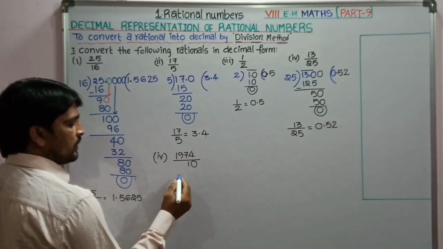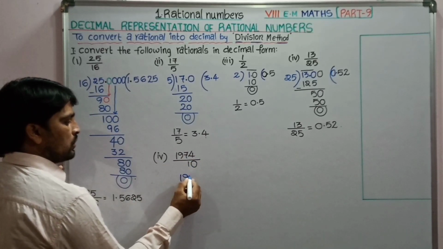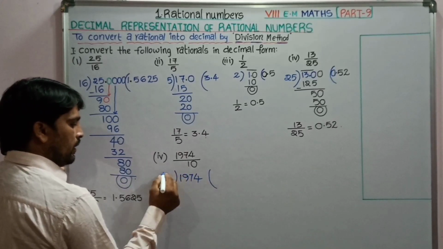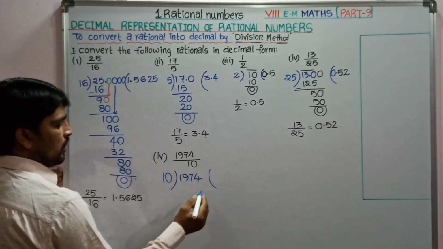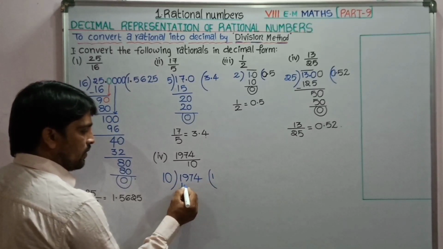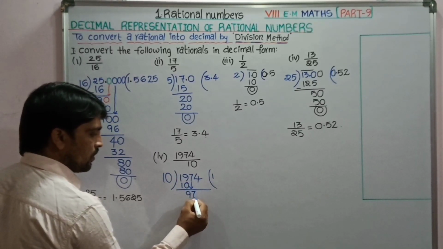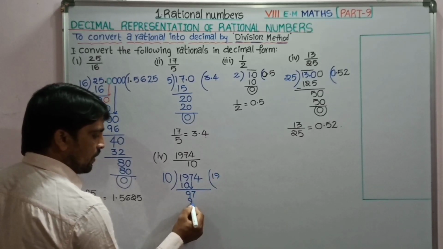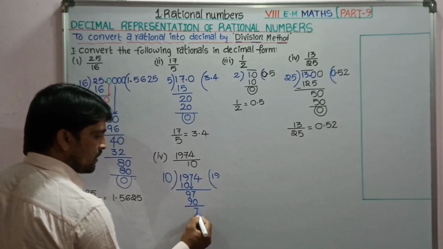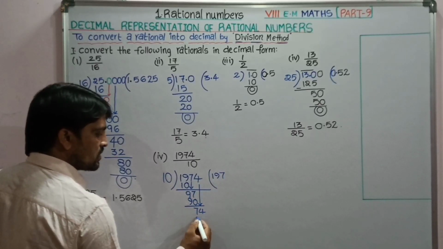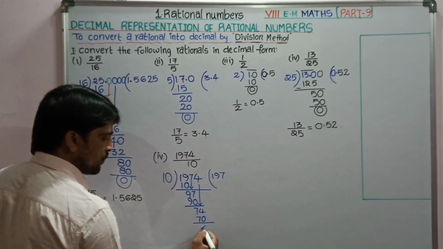Next, 1974 divided by 10. 1974 is the dividend and 10 is the divisor. 10 ones are 10. The remainder is 9. Drop 7. 10 nines are 90. The remainder is 7. Drop 4. 10 sevens are 70. The remainder is 4.